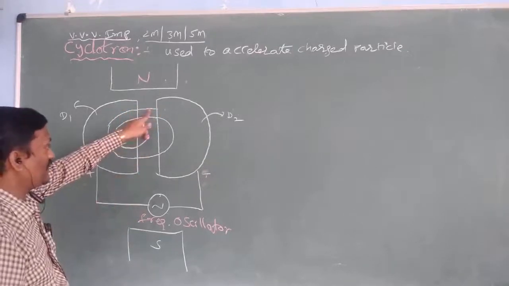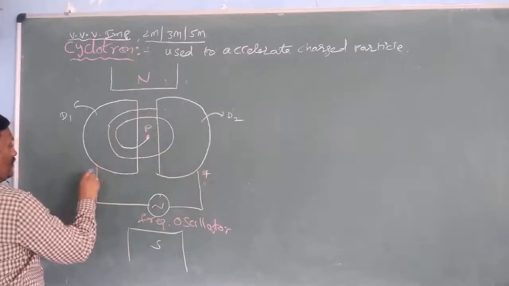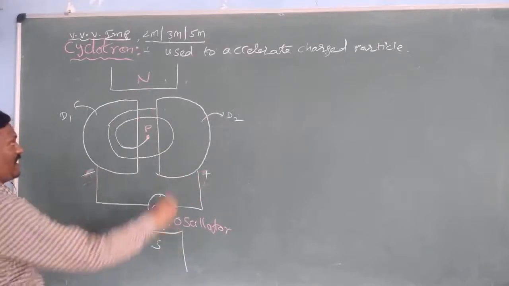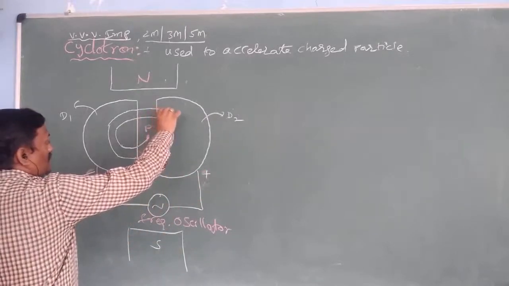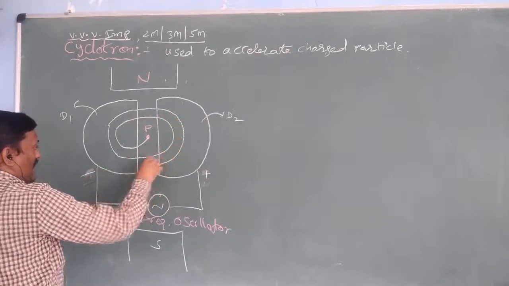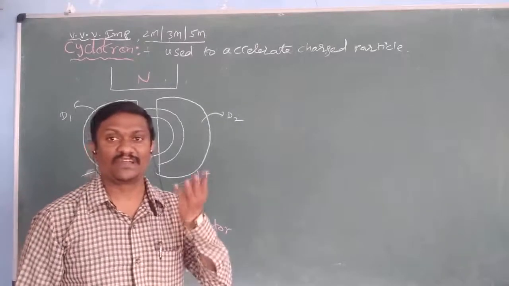When the charged particle enters disk D2, D2 has positive polarity and D1 has negative polarity. So every time the positive charge lies in a positive field. When a positive charge lies in a positive field, acceleration of the charged particle takes place and its energy is increased.